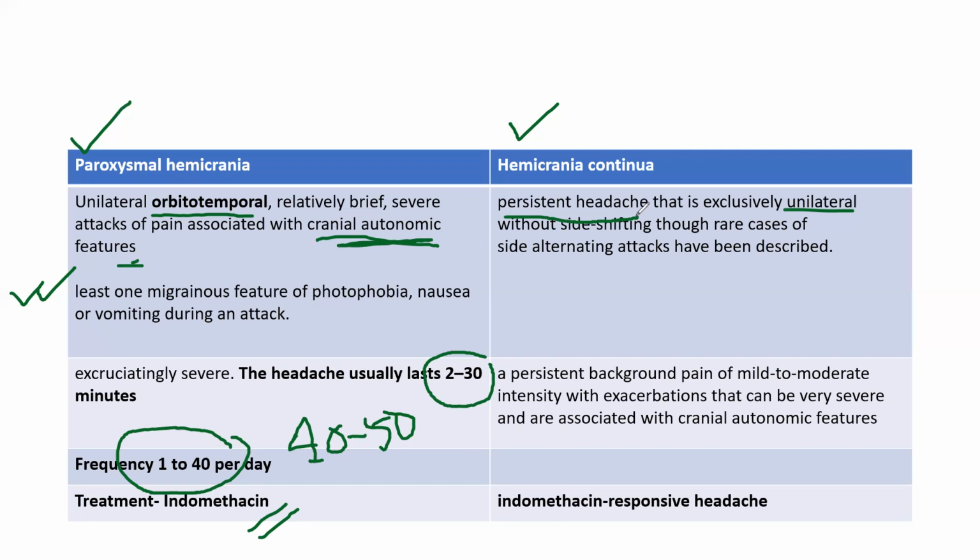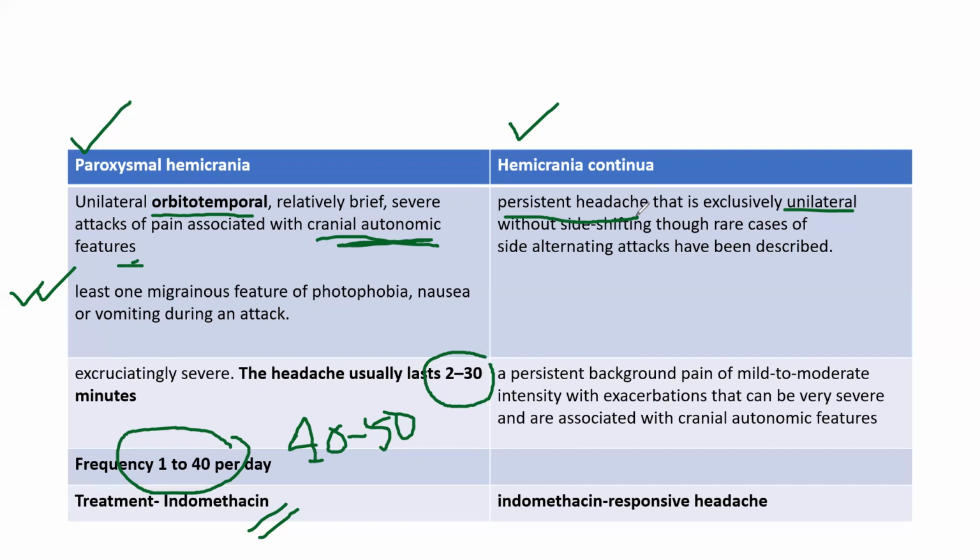If a patient comes to us with a unilateral headache involving the temporal region, with photophobia or conjunctival congestion, lacrimation or rhinorrhea, a headache with these autonomic symptoms lasting 2 to 3 minutes, with 20 episodes in a day, we should consider this paroxysmal hemicrania.